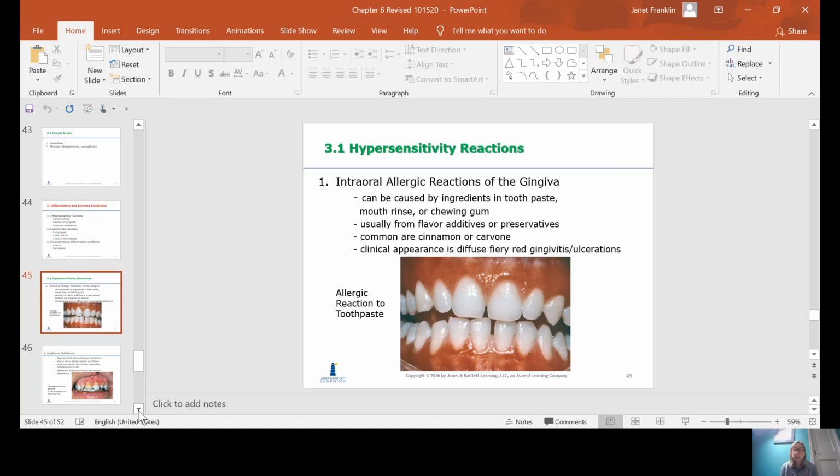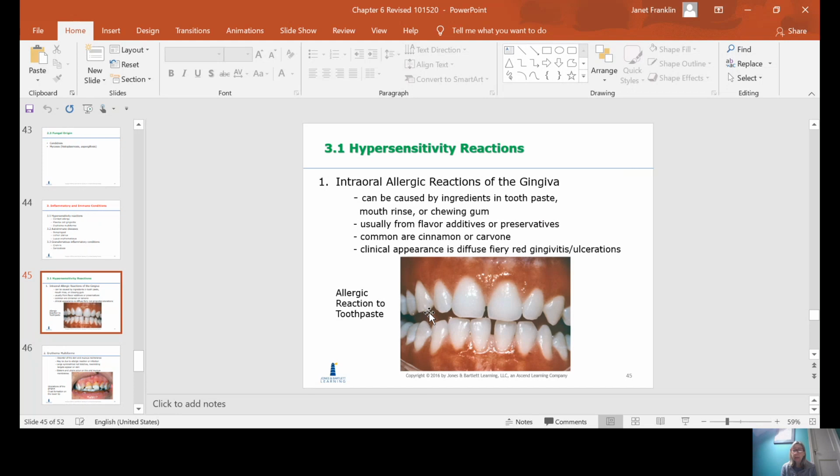So if a patient comes in like this, with what appears to be an allergic reaction to something, fiery red, diffuse redness, ulcerations, start with the obvious things. Did you change toothpaste? Did you start a new mouthwash? Chewing gum? Any other kinds of products you're using in your mouth?